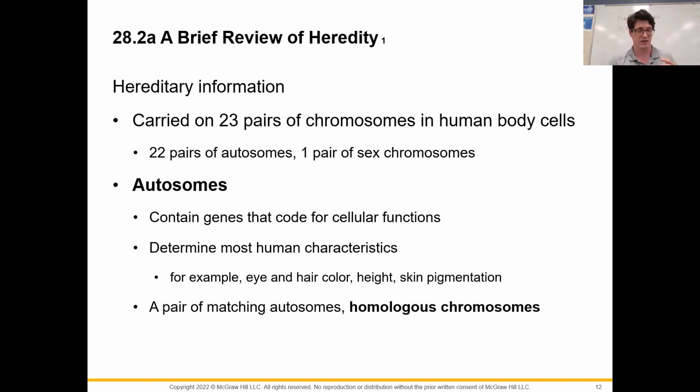If we pass on too many of one of those chromosomes, this can lead to problems. A good example of this would be Down syndrome. Down syndrome is where you get 1 extra copy or even 1 partial extra copy of chromosome 21, okay? So they call it trisomy 21.